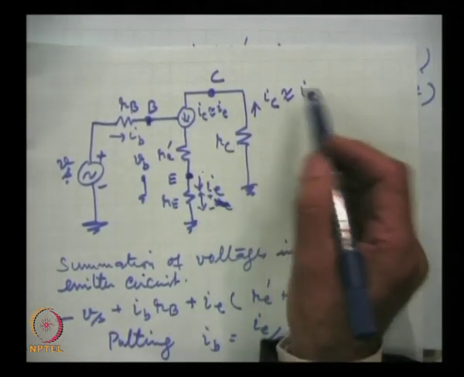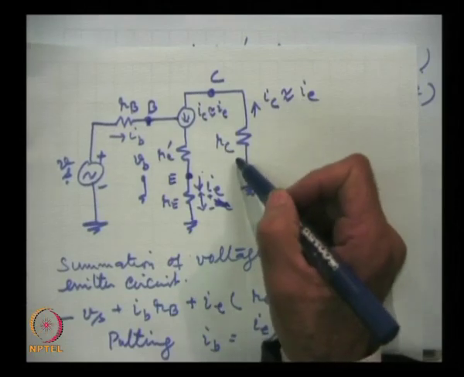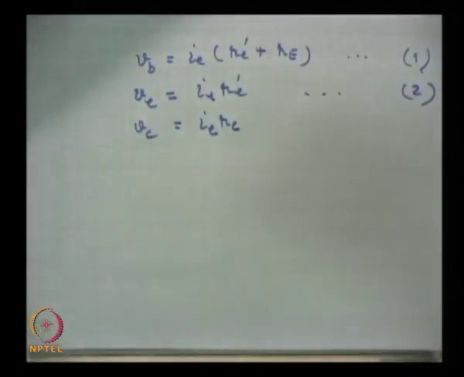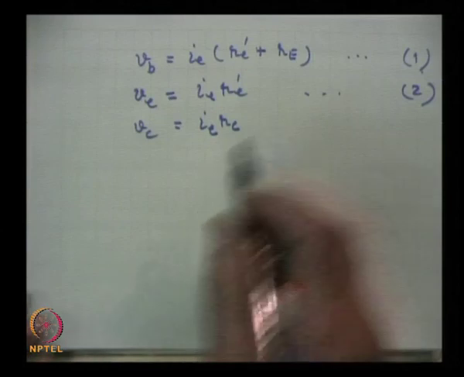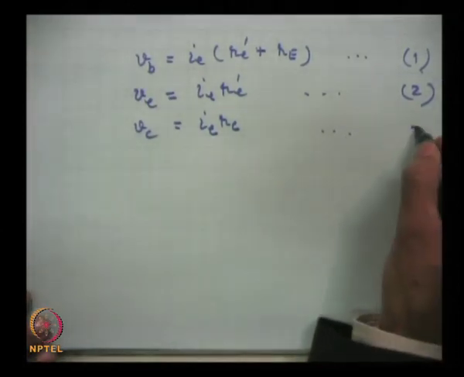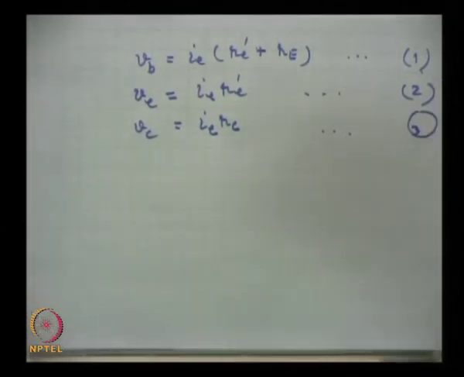This is Ie into Rc. So, these are the 3 voltages, and once we know them, then we can find out the value of performance parameters of the amplifier.